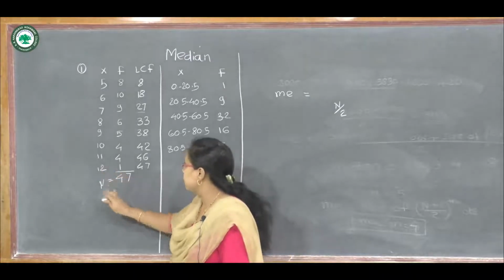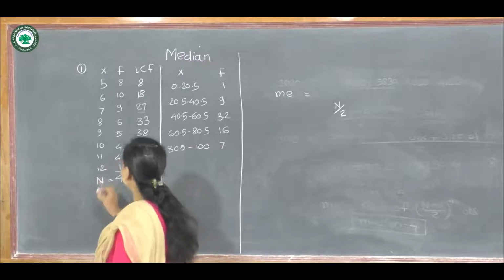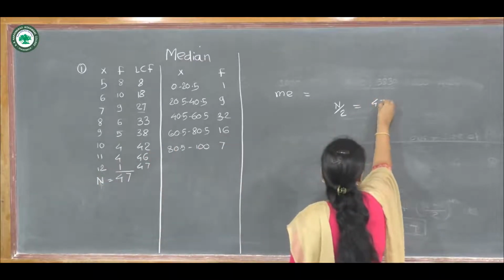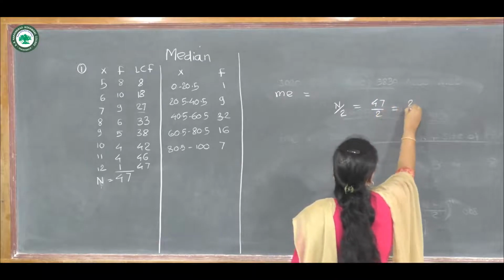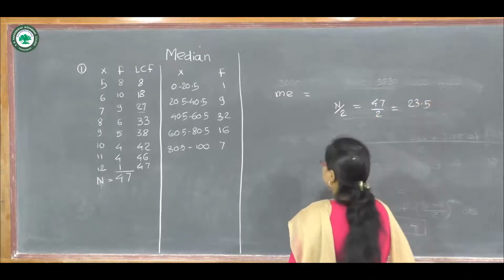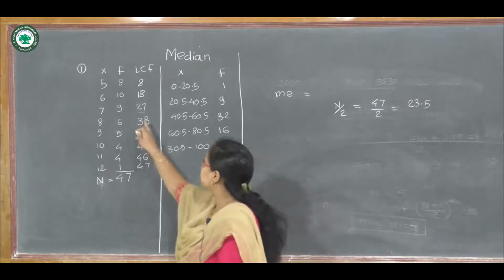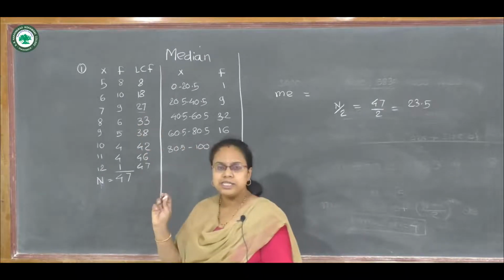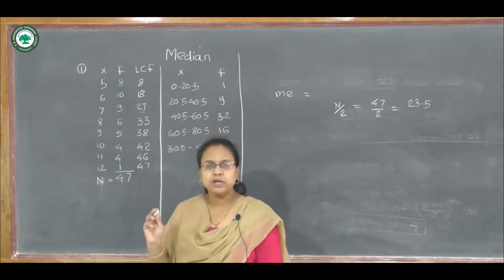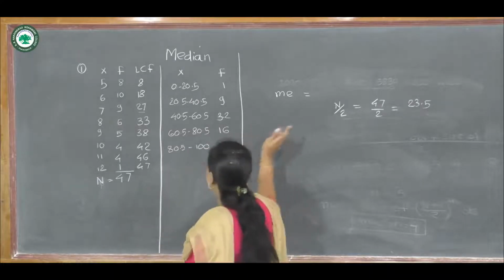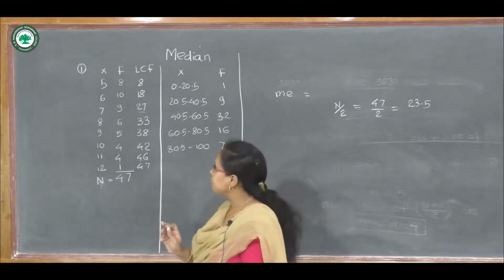So it is capital N, and n upon 2 means 47 upon 2, which is 23.5. So the median is that observation in X for which the less than cumulative frequency is equal to or just exceeds the n by 2 value.